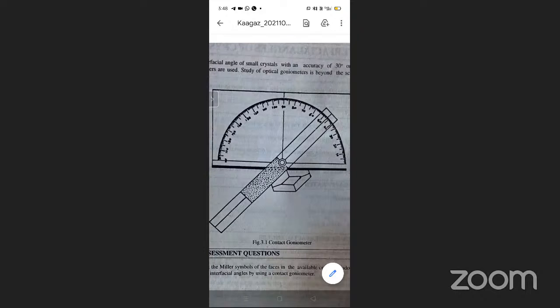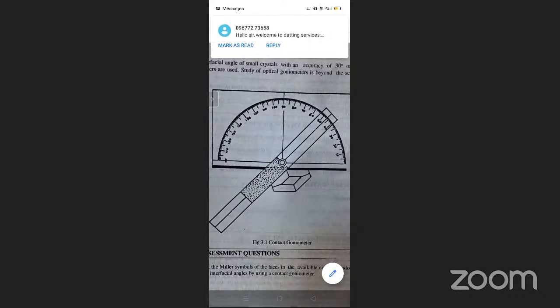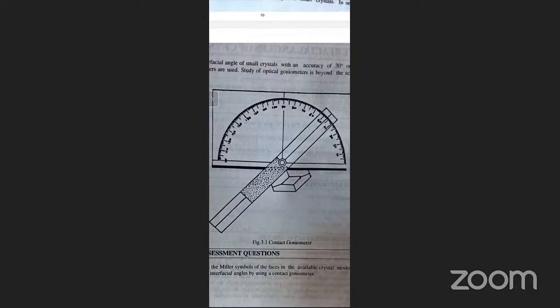So no gap should be maintained. Only then can we read the angle position on the side of the faces, shown along with the base.